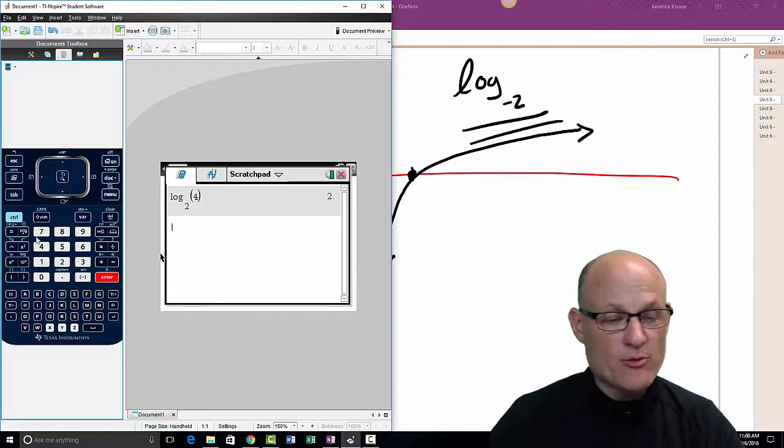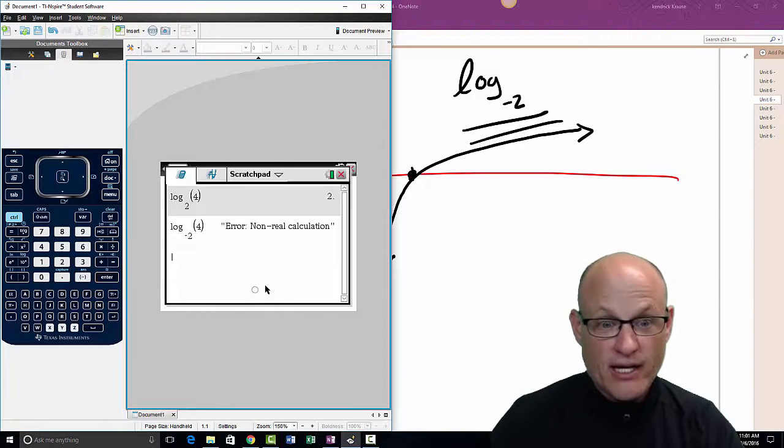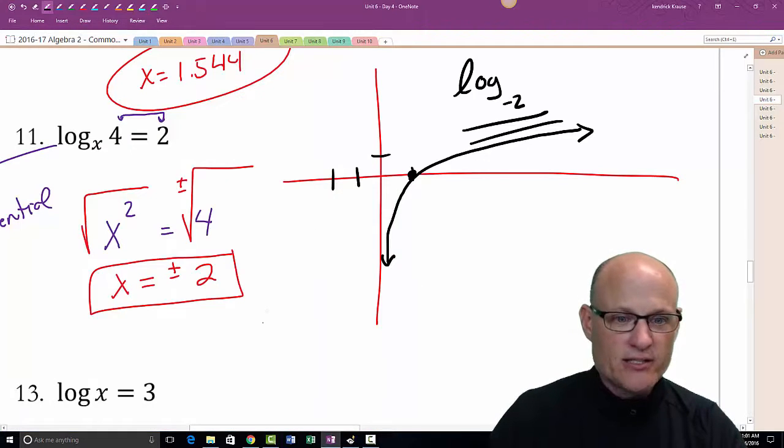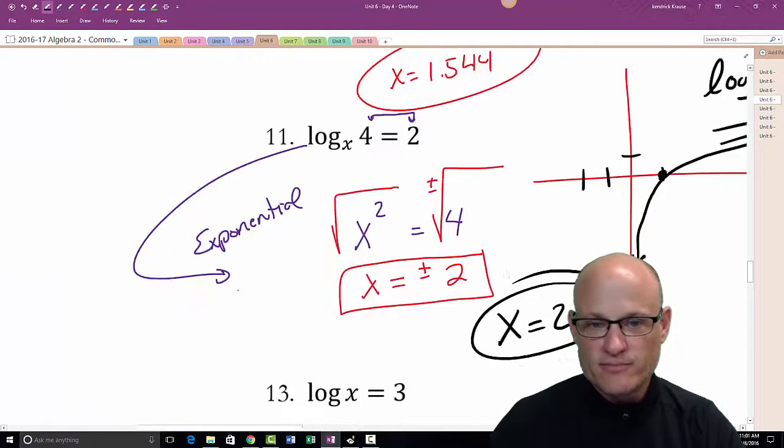Oh, it's 2. That works. Log base negative 2 of 4. Non-real calculations. Reject that answer. Okay, I get it. So the answer is x equals 2. Can't have a negative base.